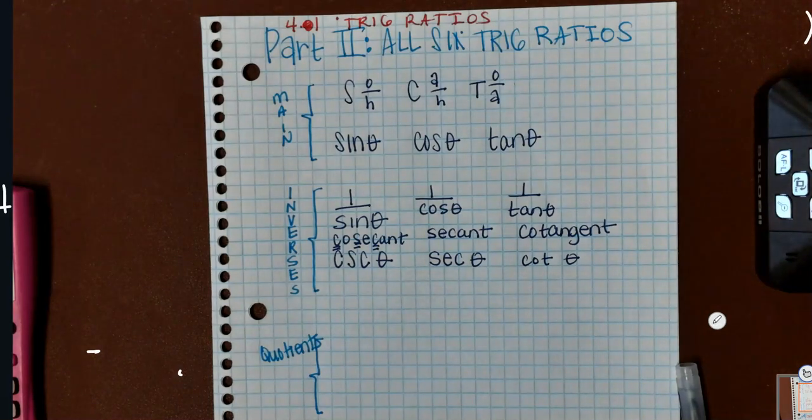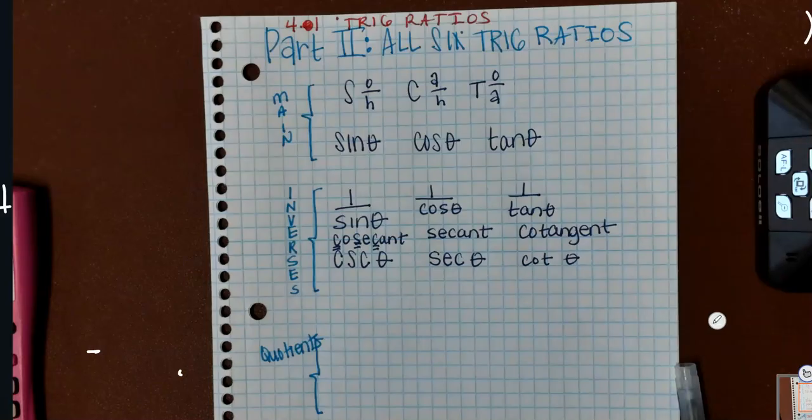And then look, here's an easy way to remember. Whatever letter the main one starts with, if that starts with an S, then its reciprocal starts with C. If the main one starts with C, then the reciprocal starts with S. So sine, cosecant. Cosine, secant. And then tangent and cotangent, those are pretty easy to remember because they kind of sound the same.